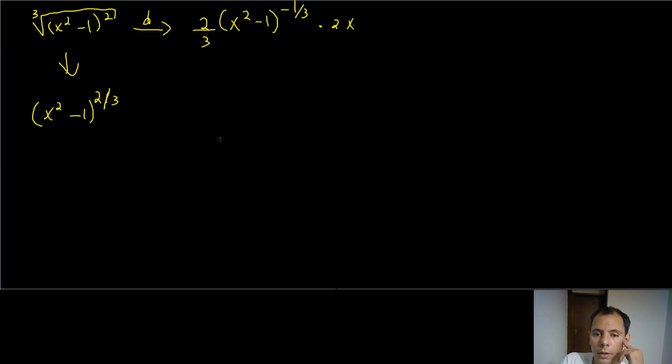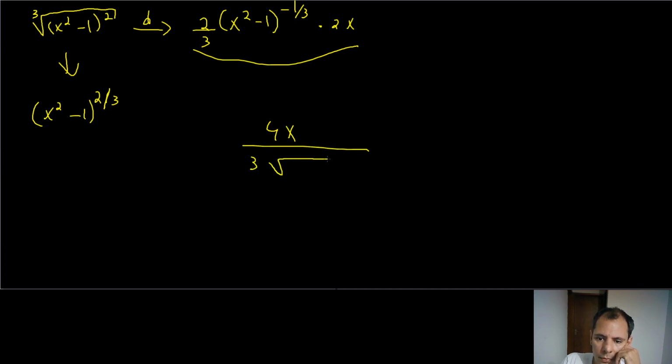All right. So in the end, putting this in a beautiful format, what you got is 4x divided by 3, and you got a cube root in here of x squared minus 1, and that's it.